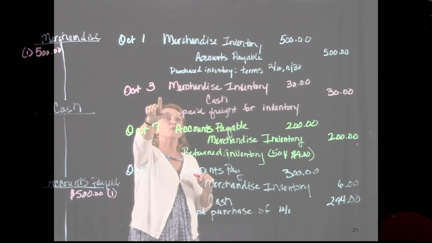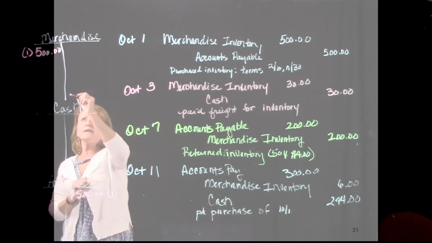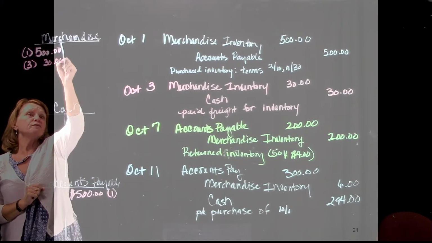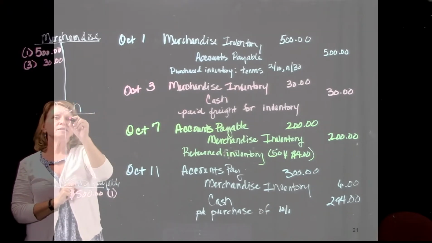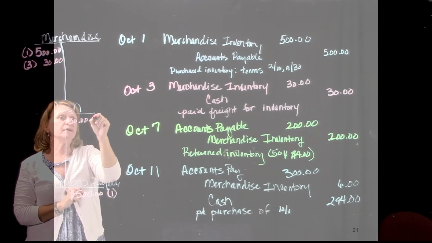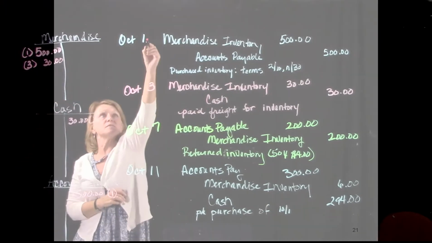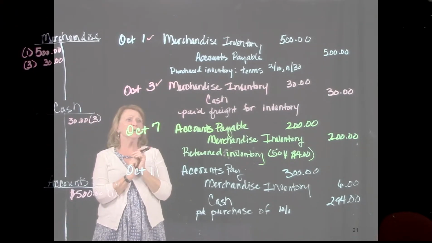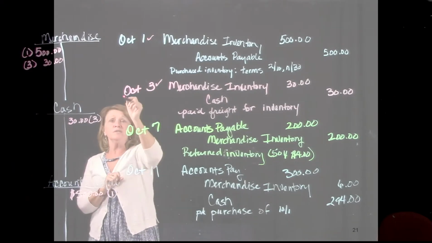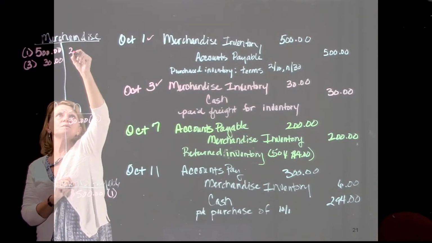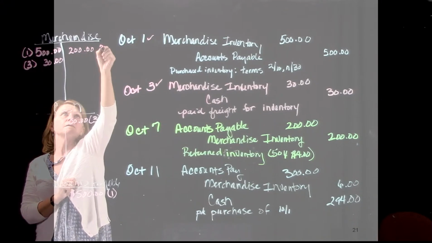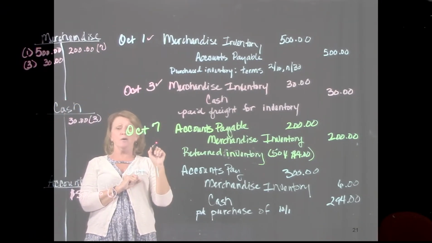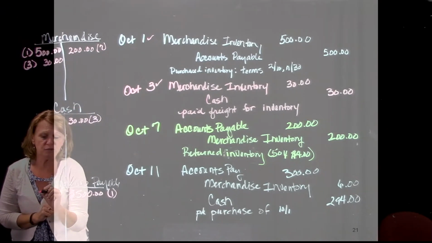Okay, on the 3rd, we added $30 to our merchandise inventory for the freight, and we deducted $30 from cash where we pay it. So we've posted this one. On October 7th, we returned $200 in inventory, and we reduced our accounts payable by $200.